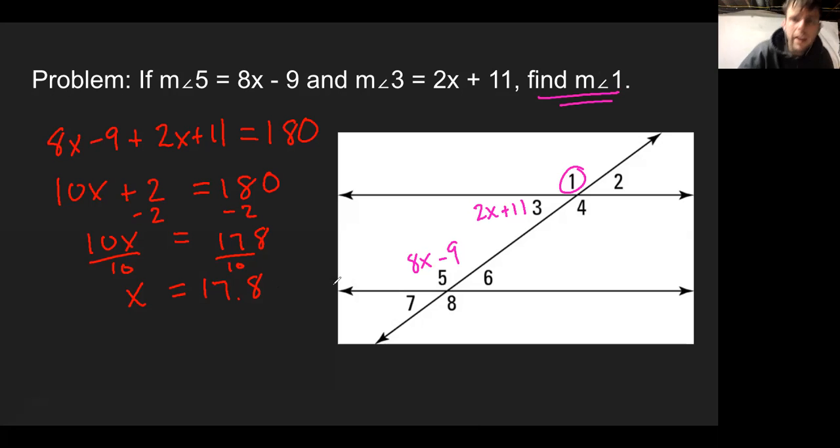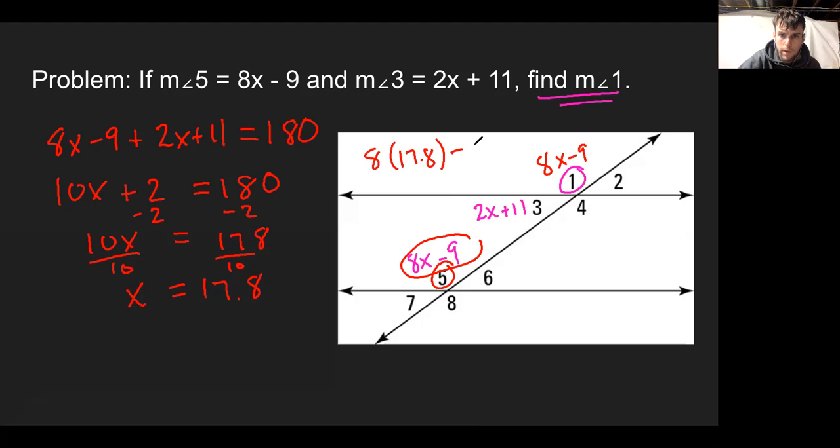I don't love that answer. Looks like I did copy everything down right though, so oh well. 17.8, yeah. So now I need to find angle 1. Angle 1 corresponds with 5, so these have to be equal. So I can just use this expression to represent this angle as well. So 8 times 17.8 minus 9.